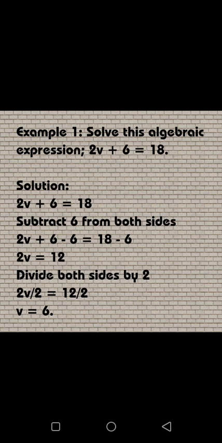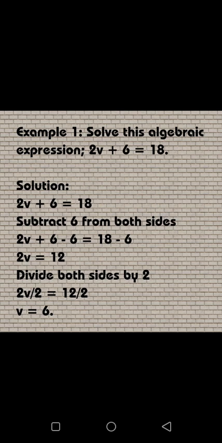So solution starts now. We have 2v plus 6 equals 18. For now, let's first of all get rid of the plus 6 there, so that the 2v can be left alone. Then later we'll sort out our v by getting rid of the 2.